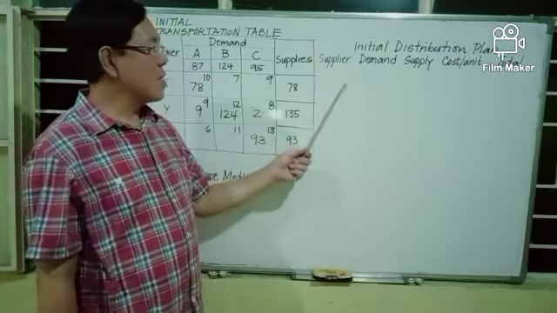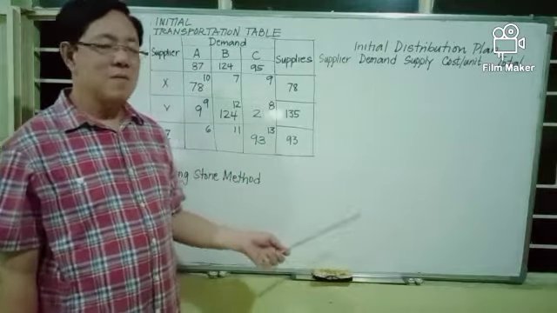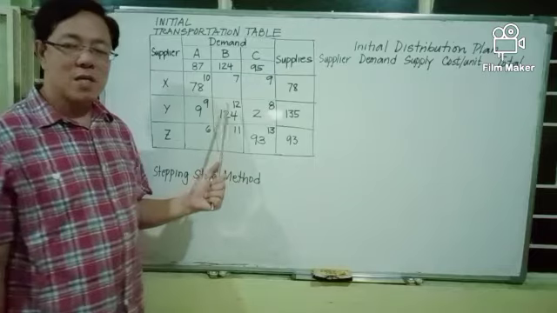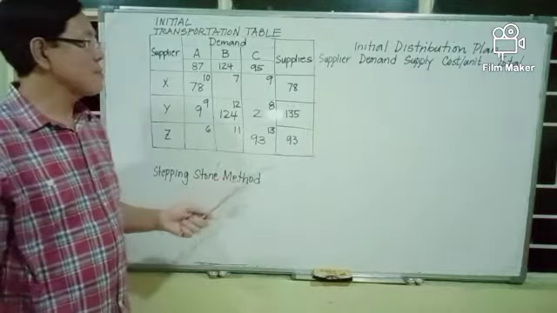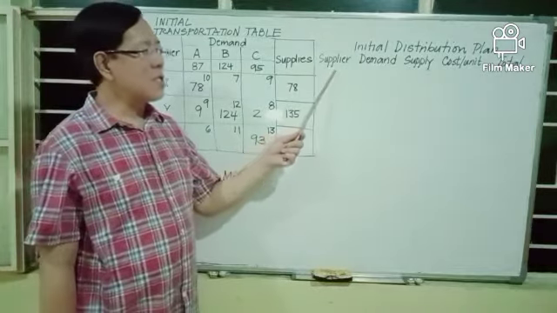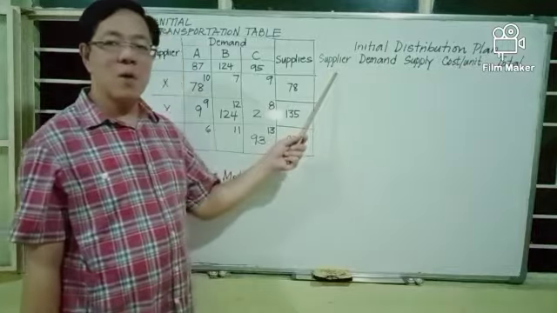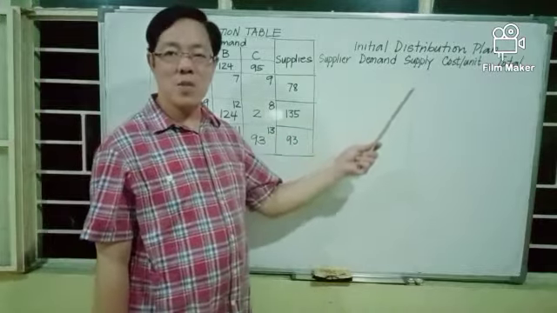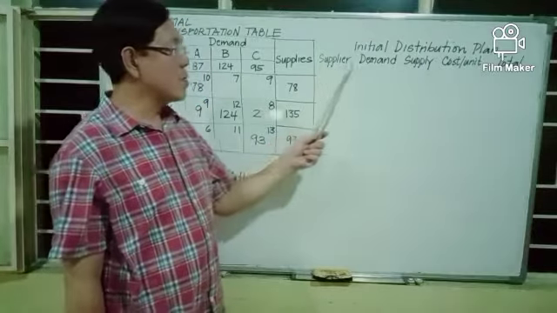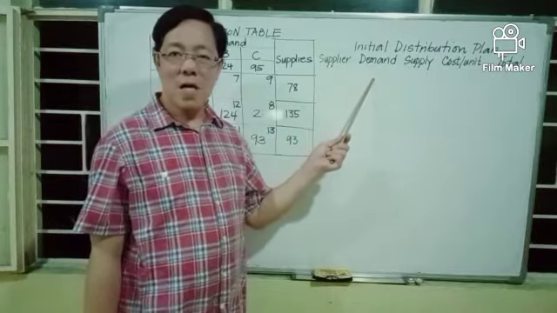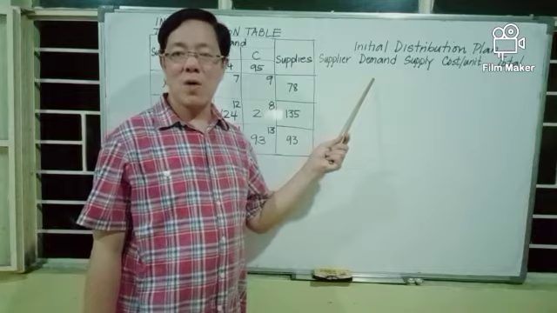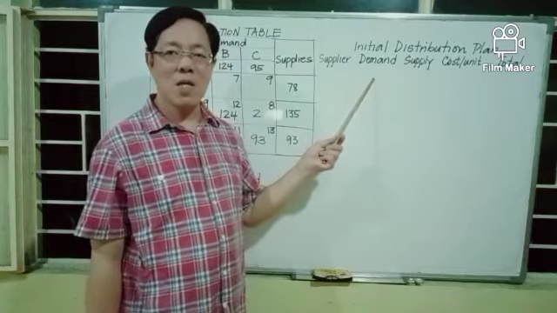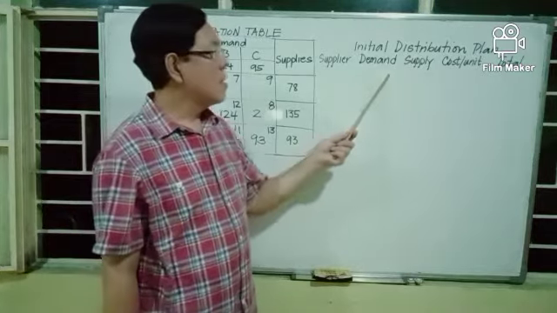Now we develop the initial distribution plan based on the initial transportation table. In the initial distribution plan, we have 5 columns: supplier, demand, the number of units to supply from supplier to the demand, the person or entity or company or organization that makes the demand.